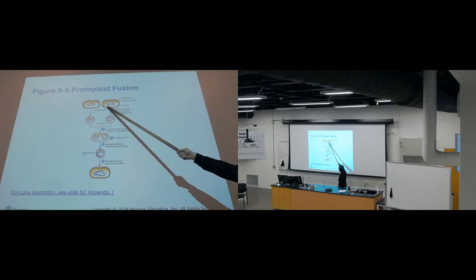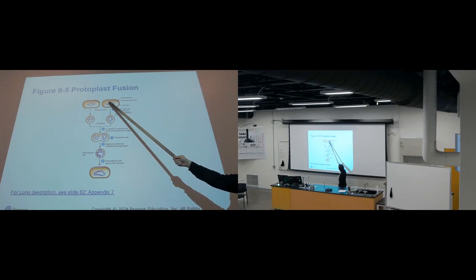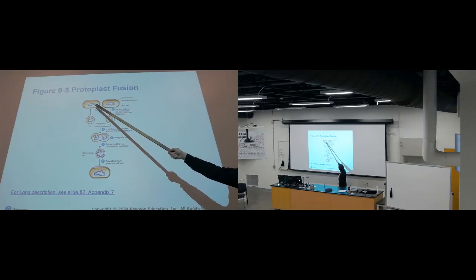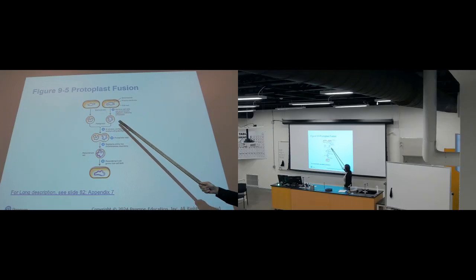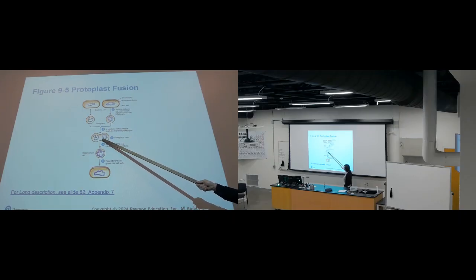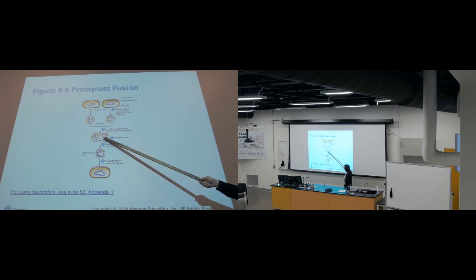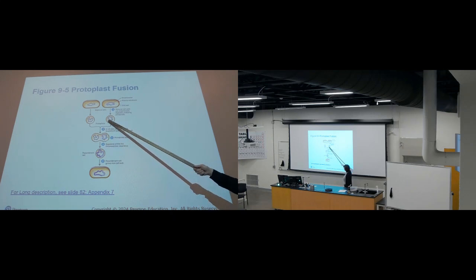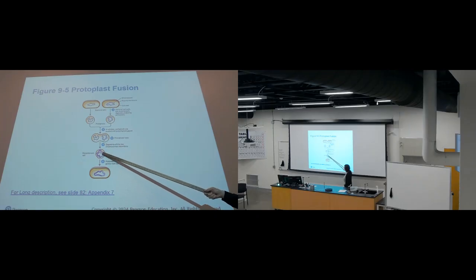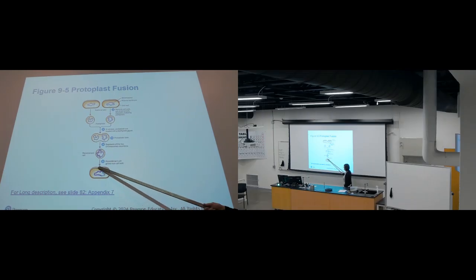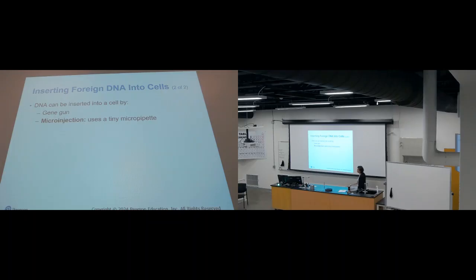So these bacterial cells can be different, and then you remove the cell wall from both of them, you create protoplasts, you put them together in a solution that is treated with polyethylene glycol, and then the plasma membranes fuse, and then you have recombinant DNA. And then you can put this cell into a bacterial cell that has a cell wall, and then you will have your transformation. This is protoplast fusion.